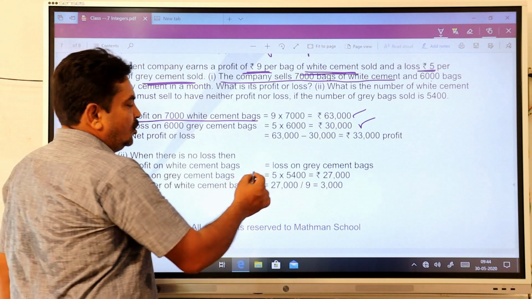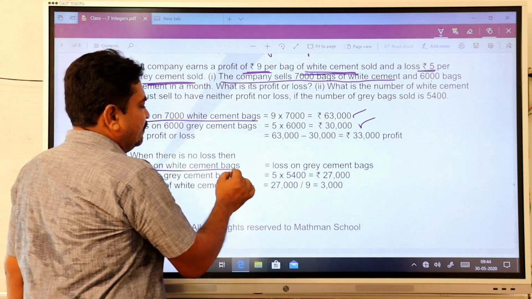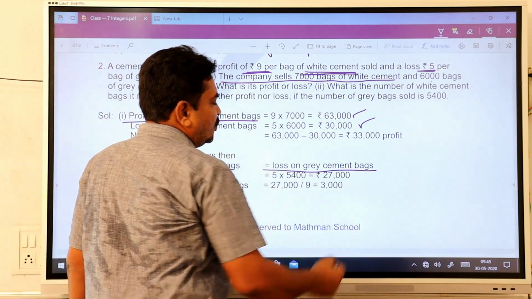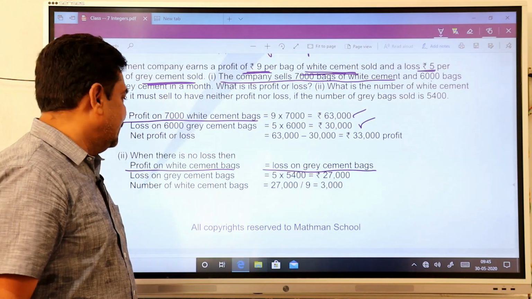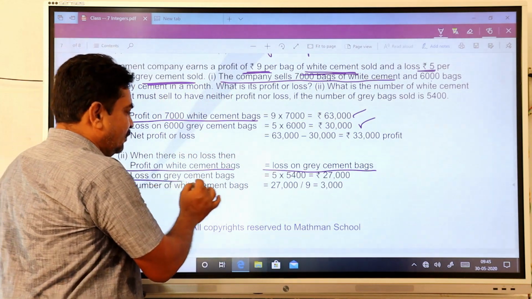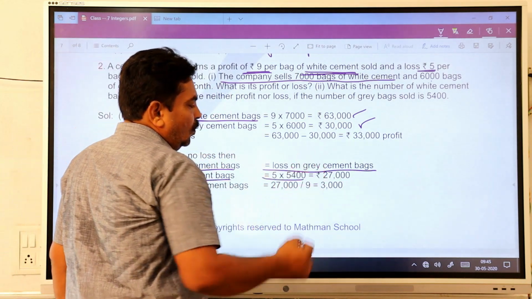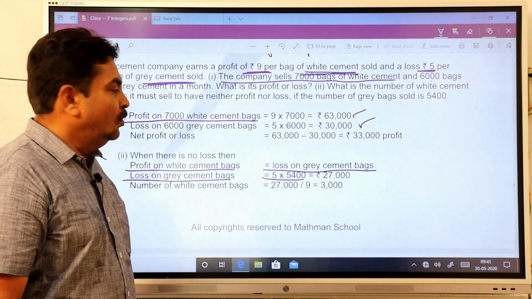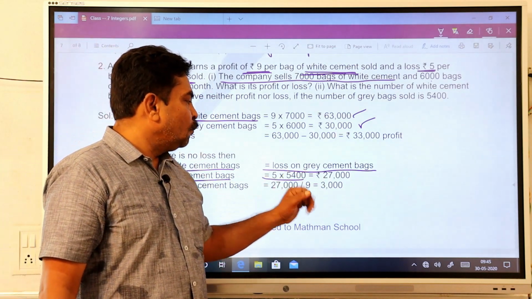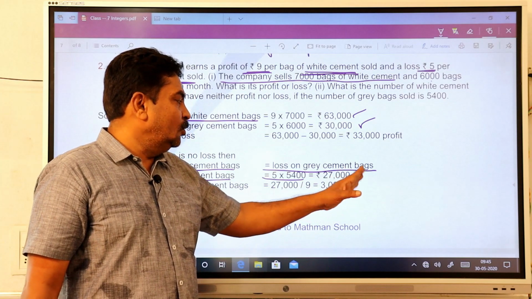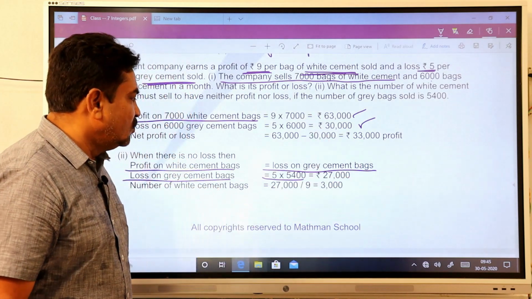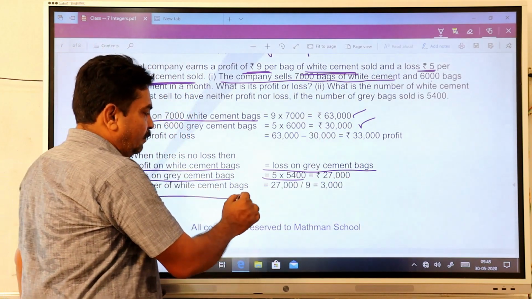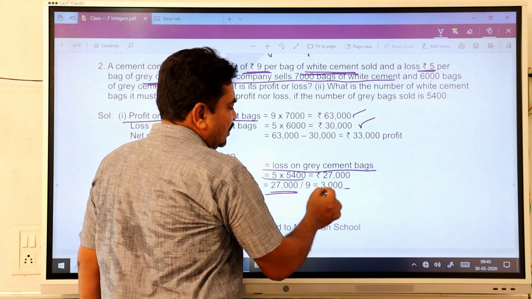Let's see. The profit on white cement bags is equal to the loss on grey cement bags. So the loss on grey cement bags is 5 into 5,400, which is equal to 27,000. So the number of white bags is nothing but how much? 3,000.